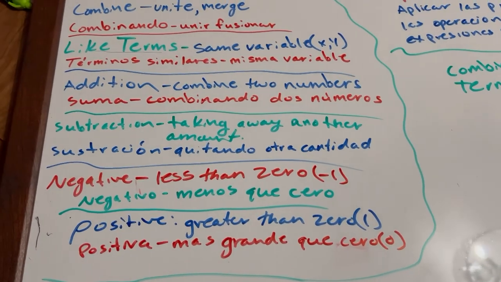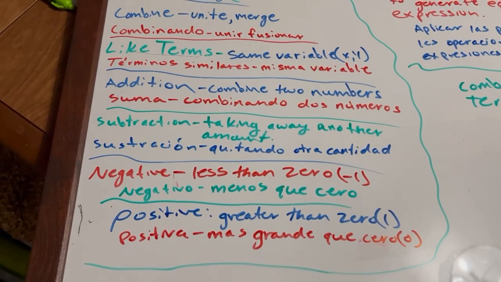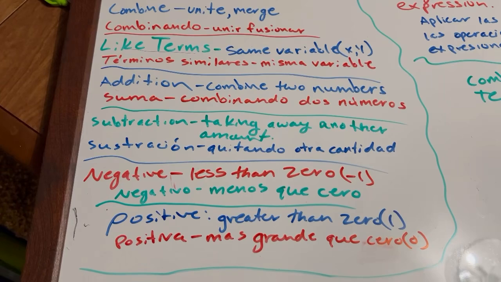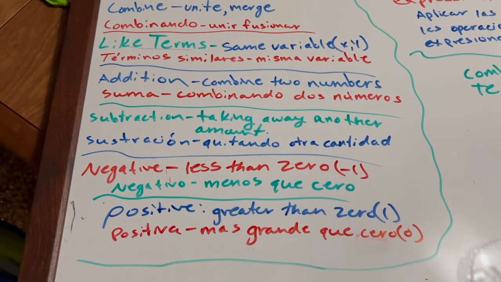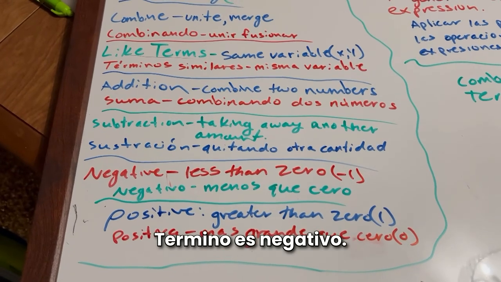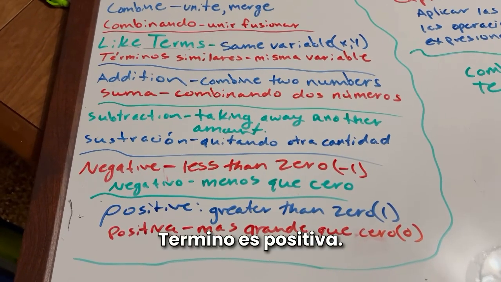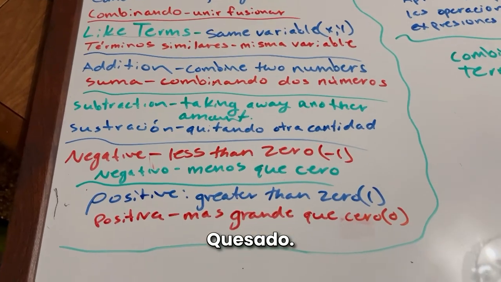El siguiente es sumar, combinando dos números. El siguiente es sustitución, quitando otra cantidad. El siguiente término es negativo, menos que 0. Y la última término es positiva, que es más grande que 0.